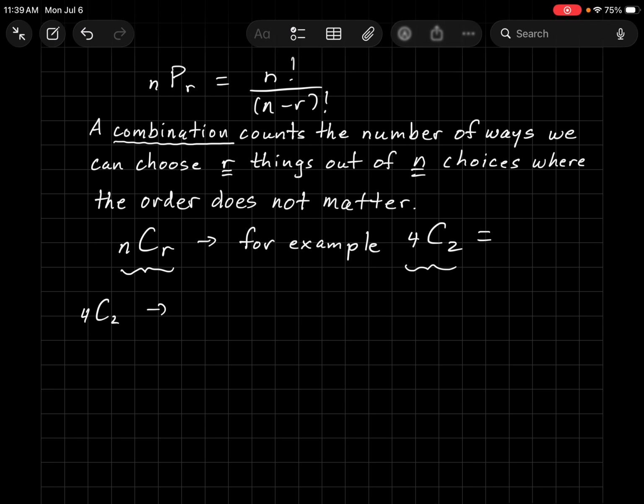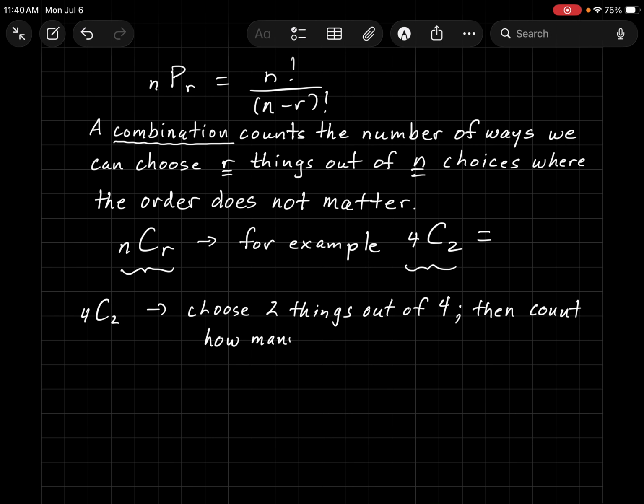Well, it means we want to choose 2 things out of 4 then count how many things we have. That's what a combination is, where the order does not matter.